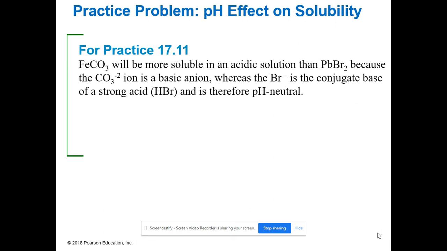Whereas bromine comes from a strong acid, HBr, and therefore would be pH neutral. So since the bromide is pH neutral, that one would not dissolve in an acid solution, but our CO3 would. Our carbonate is a basic anion, and therefore it would be more soluble.